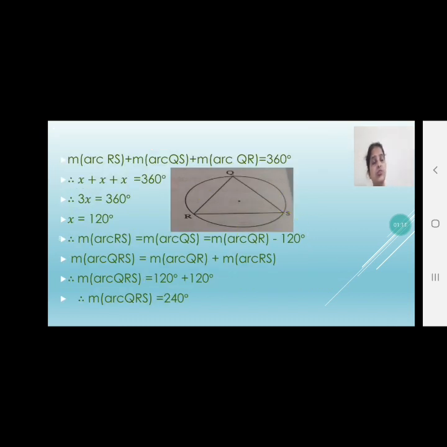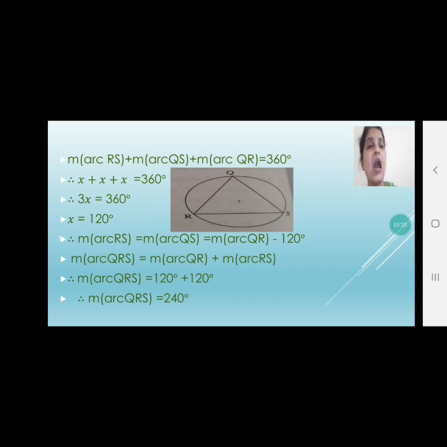As it is constituting the whole circle, the sum measure will be equal to 360 degree. So here arc RS plus arc QS plus arc QR is equal to 360 degree. So x plus x plus x equal to 360 degree, that is 3x is equal to 360 degree. So what is x? x is equal to 120 degree.